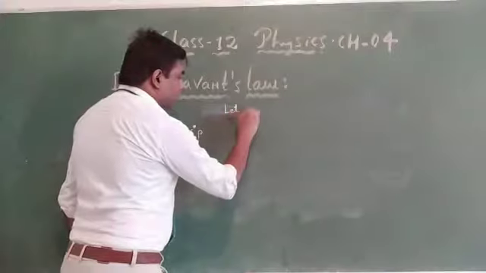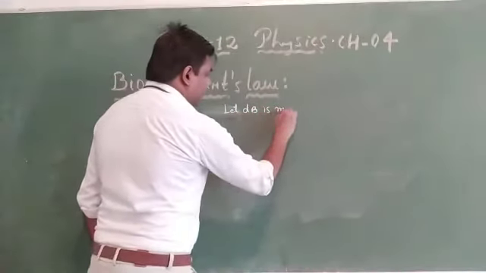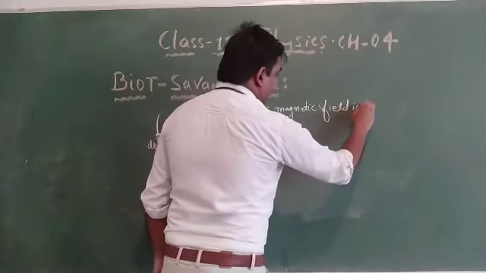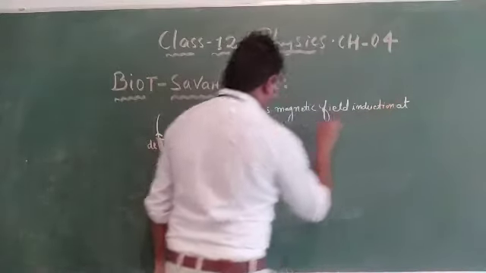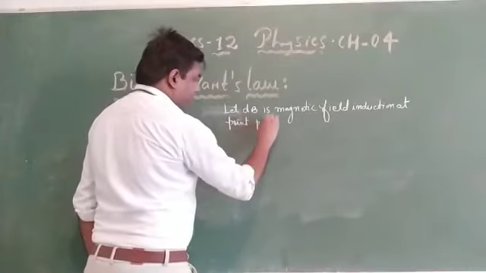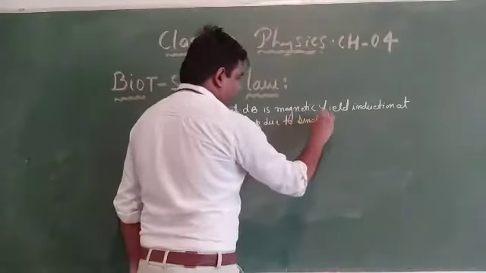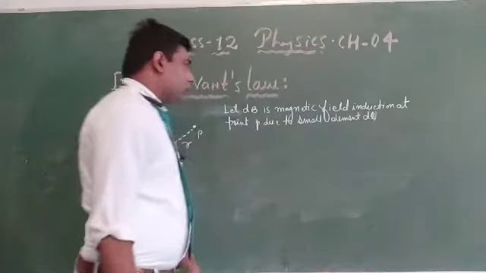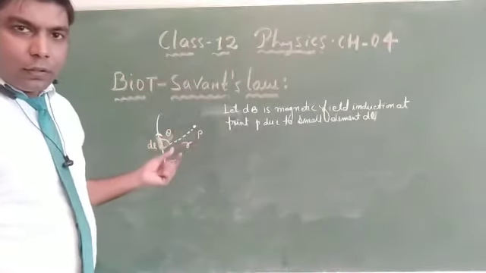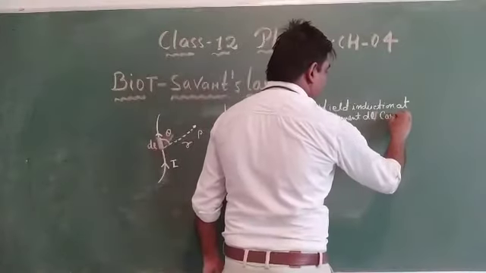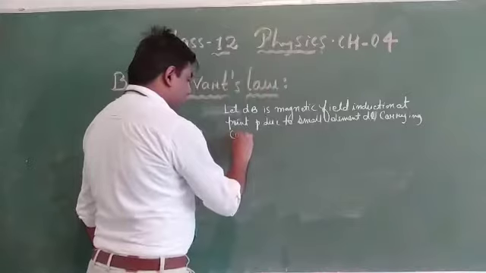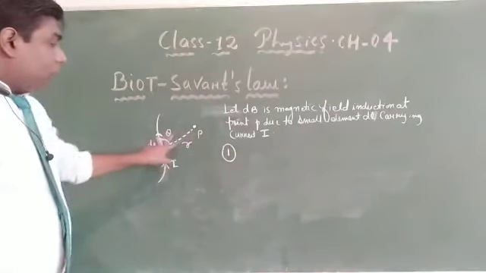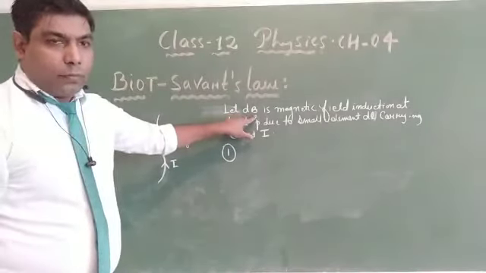Let us assume that dB is the strength of magnetic field induction due to the small element dl carrying current I. According to this law, first, dB is directly proportional to the magnitude of current.